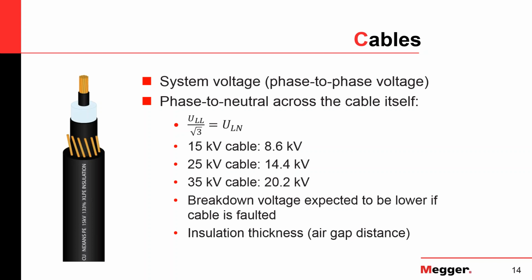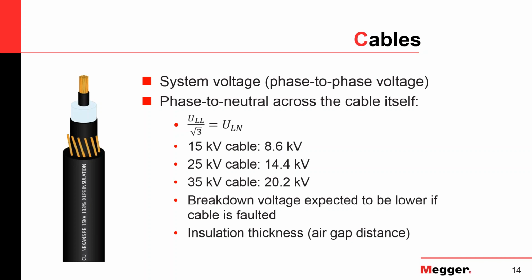Now, if you have phase-to-phase, that is 15 kV. The actual cable, the main insulation of each individual cable, is only exposed to √3 less. That means from the center conductor to the neutral, a 15 kV cable sees 8.6 kV at the most. A 25 kV cable, this number is 14.4 kV, and for a 35 kV cable, this is 20.2 kV.